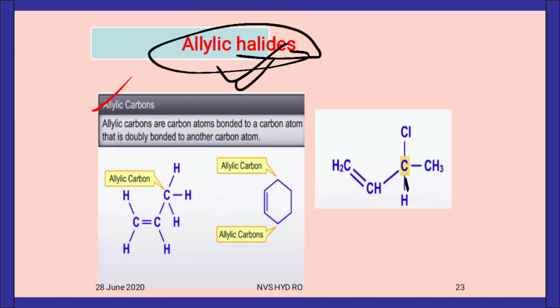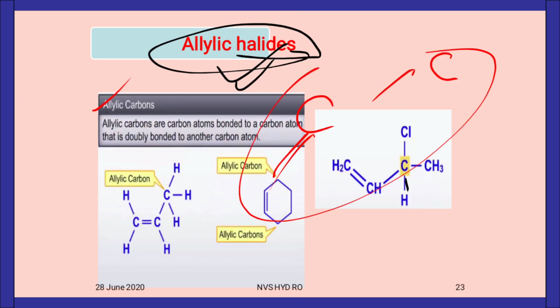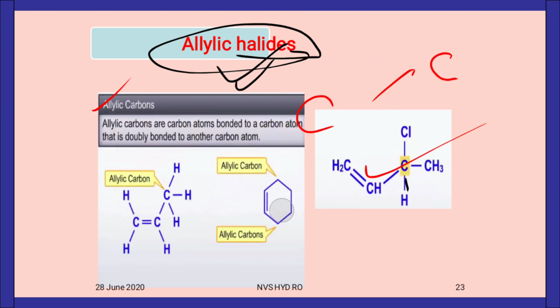Allylic carbons are the carbon atoms that are bonded to a carbon atom that is doubly bonded. ठीक है, ये वो कार्बन होते हैं जो कि उस कार्बन के साथ अटैच होते हैं जो ऑलरेडी डबल बॉन्ड के साथ अटैच होता है, उसको बोलते हैं एलिलिक. But about benzylic now.